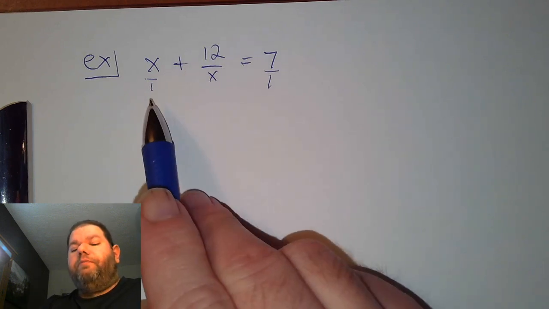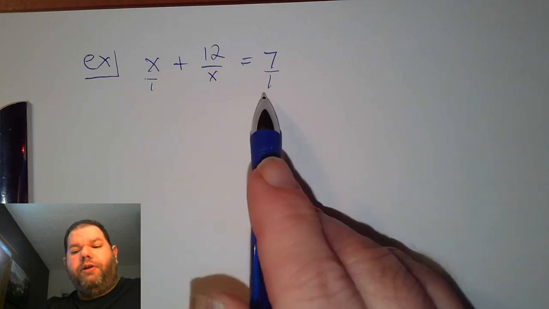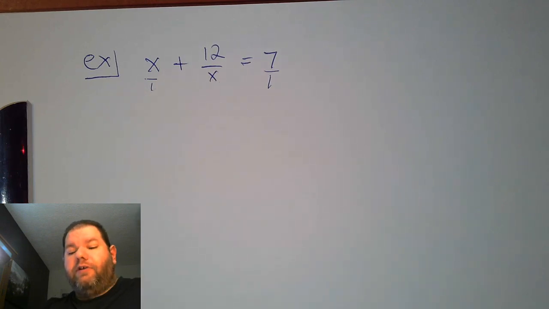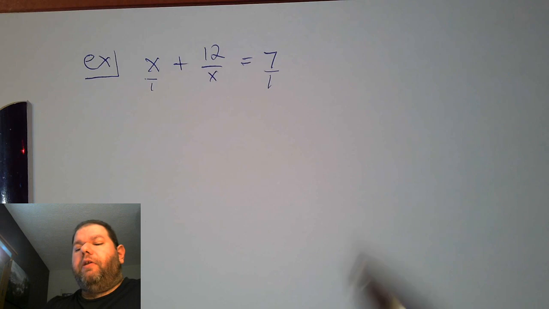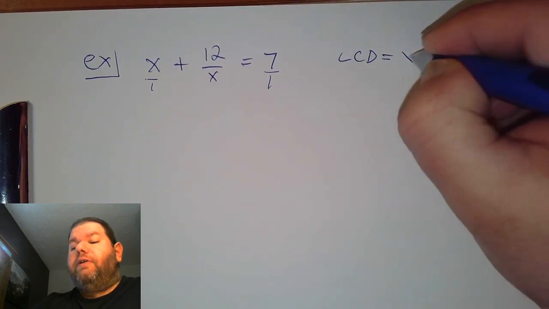Now, really, because x is our only denominator other than 1, we can just use x as our common denominator in this case. But if we had two terms that had different denominators, for instance, then their product would be the common denominator. So our lowest common denominator in this case is x.